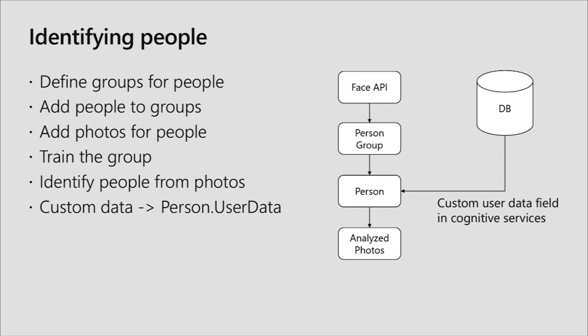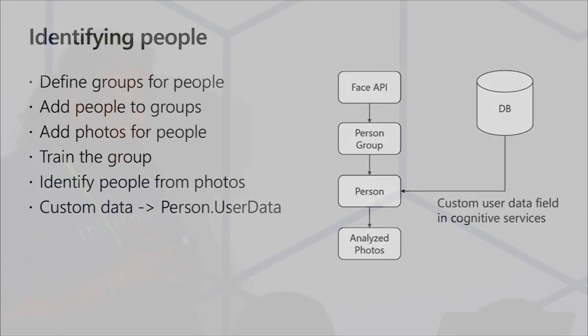Inside the groups, we add people, and for every person we can add photos. These photos are analyzed by cognitive services. It's an important thing because based on these analyses, the algorithms are calibrated better to recognize faces on the photos.